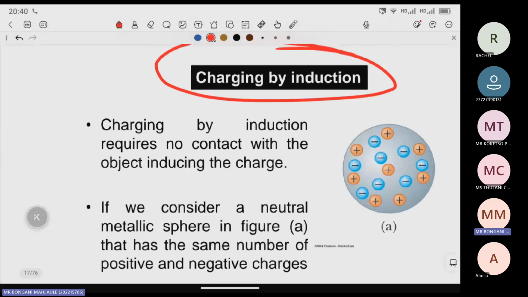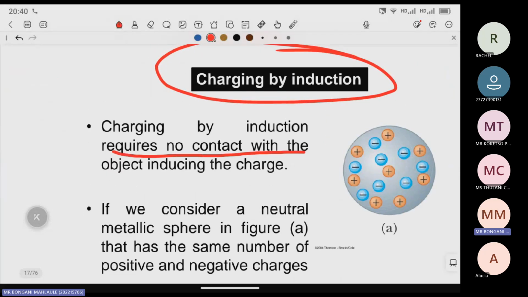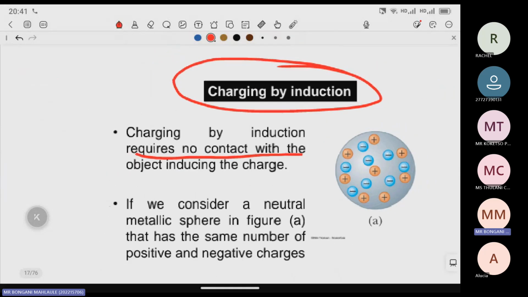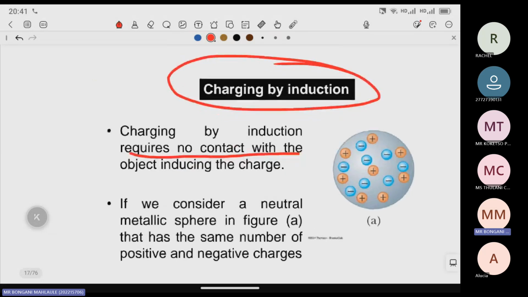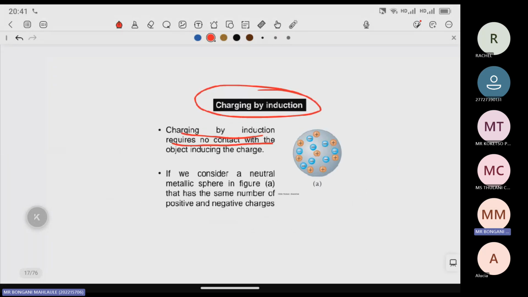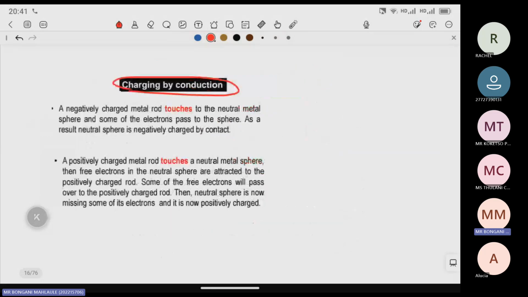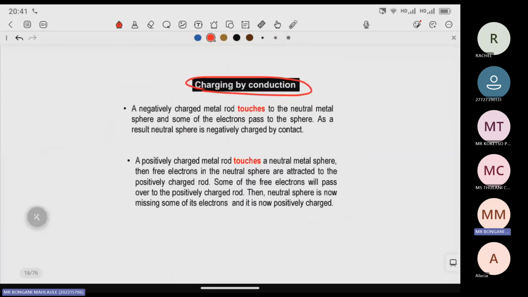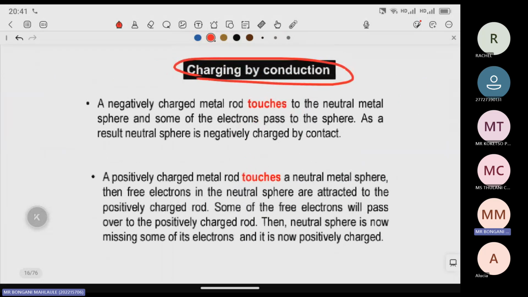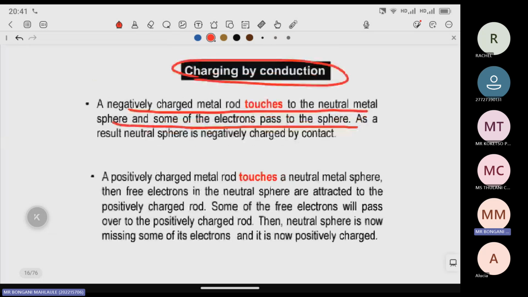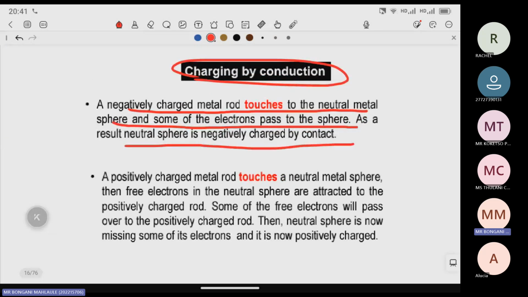On induction, there is no contact with the object. Charging by induction requires no contact. With charging by conduction, there will be contact. That means a negatively charged metal touches the neutral sphere, and some of the electrons pass to the sphere. As a result, the neutral sphere is negatively charged.